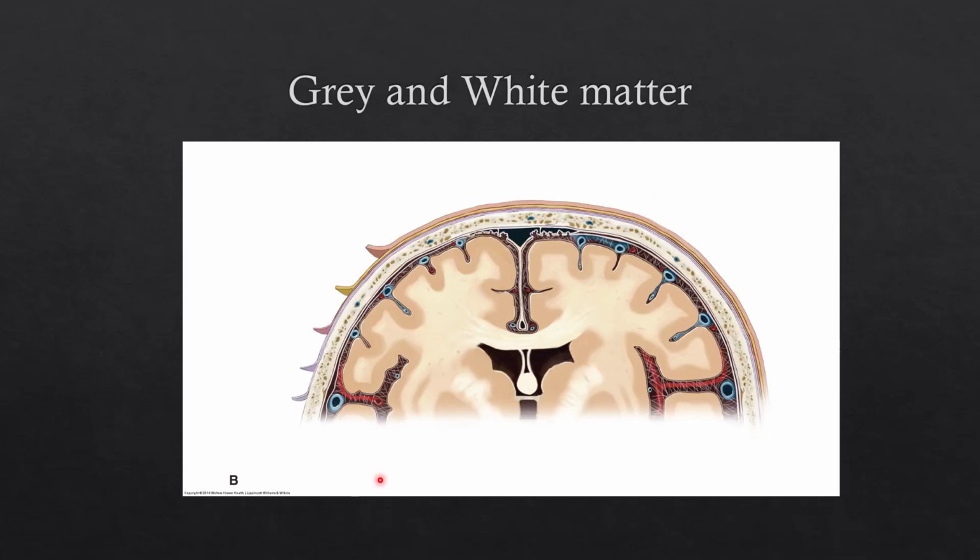This image shows you the distribution of the gray and the white matter. As you can see, the outermost part of the cerebral cortex is the gray matter, and the inner part is the white matter. In this view, you can see the white matter here, which connects the two cerebral hemispheres together.